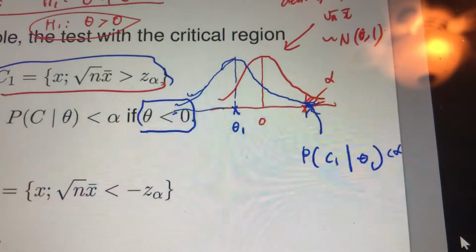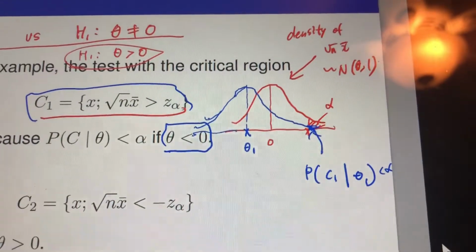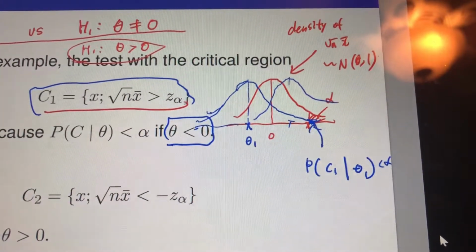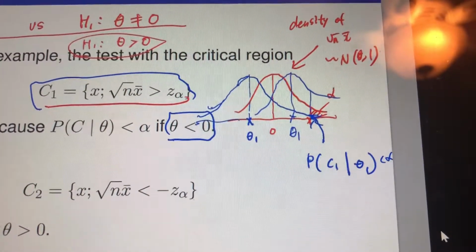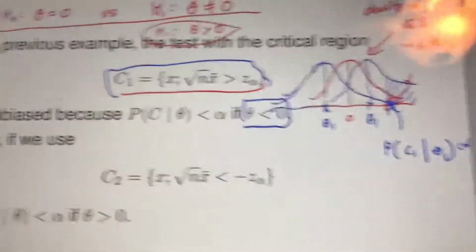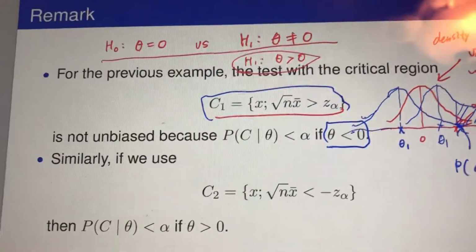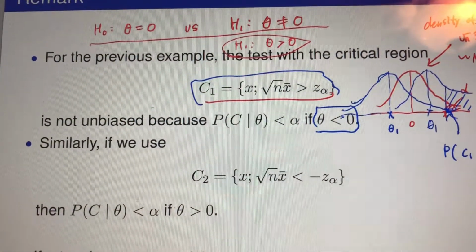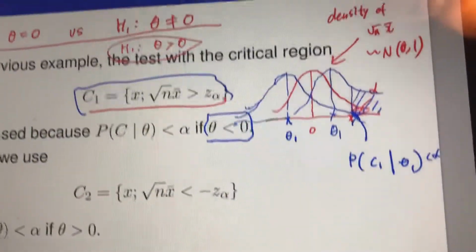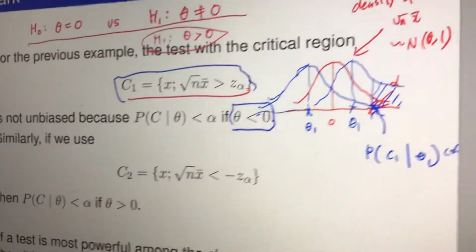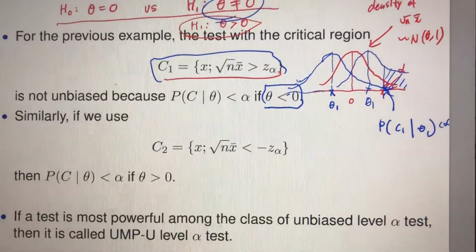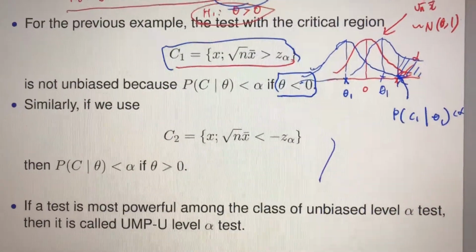If theta 1 is positive, of course, we have large test power. But the problem is if theta 1 is actually negative, then our power is even smaller than the power of the trivial test. So we cannot really use it for this two-sided test. That is the point.